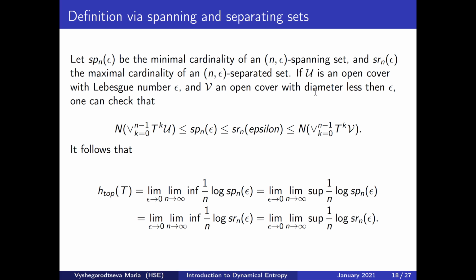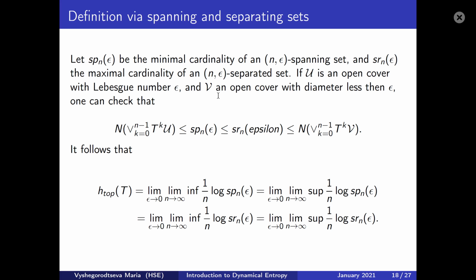And if U is an open cover with a Lebesgue number epsilon, and Lebesgue number means that any open ball of radius epsilon is contained in one of the elements of U, right?